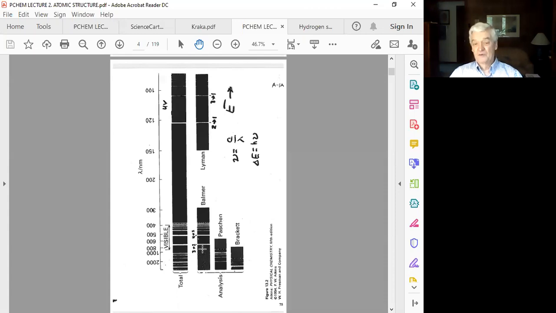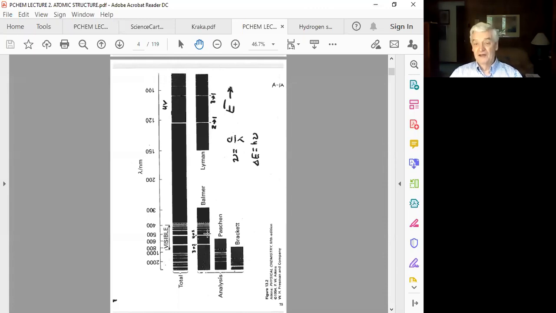So what we're going to be seeing, this line right here comes from an electron in an n equal to 3 atomic orbital on the hydrogen atom, maybe the 3p orbital, falling down to the 2s orbital or something like that. Then the next one would come from n equal 4 going down to 2, maybe the 4p orbital down to the 2s orbital.